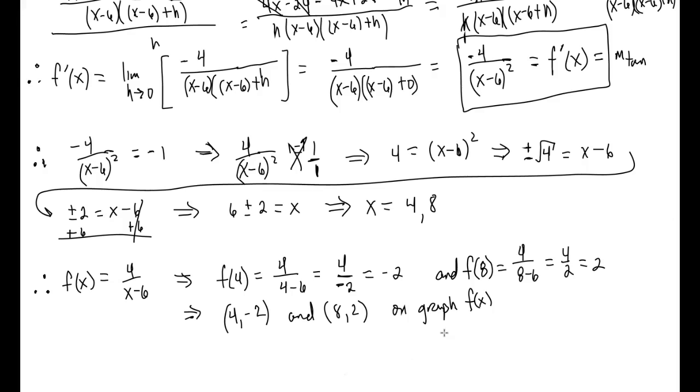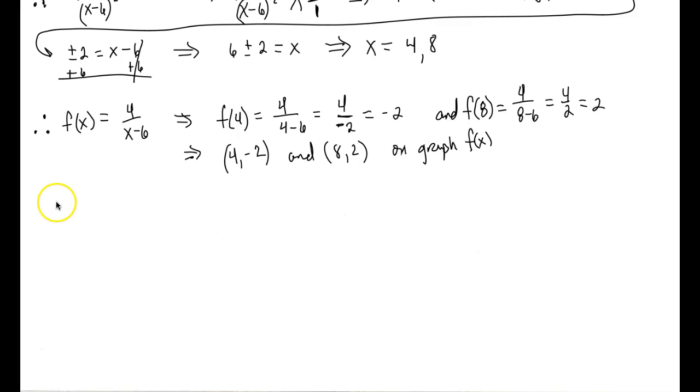And so now from there we can use these points to find the equations of the lines for the points that have a slope of negative 1. Alright, so let's go ahead and find the equation of the line for the first one. So let's say at x equals 4, we know that our slope is going to be negative 1, and the point that we are going to use is the point (4, negative 2).